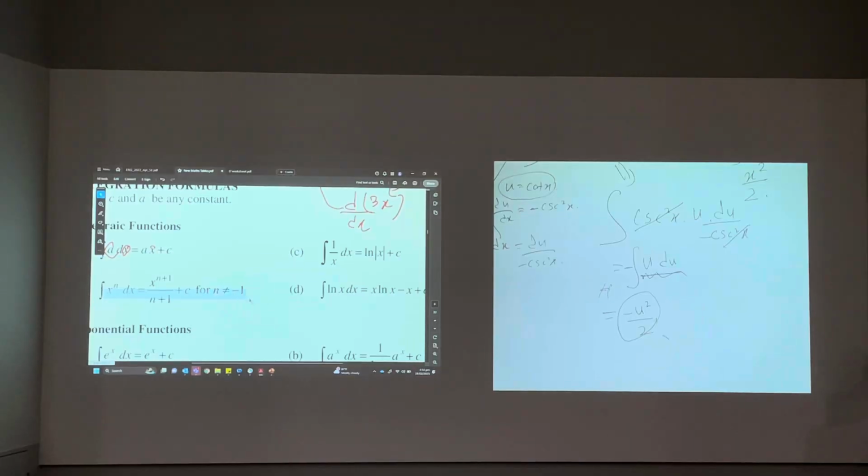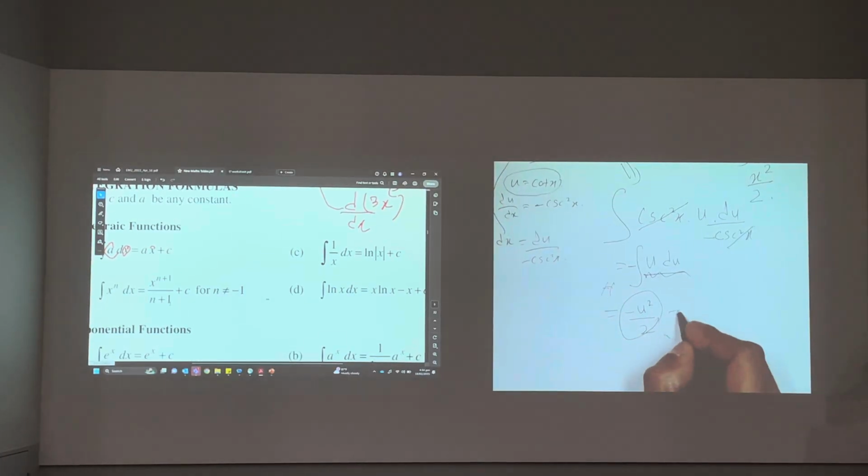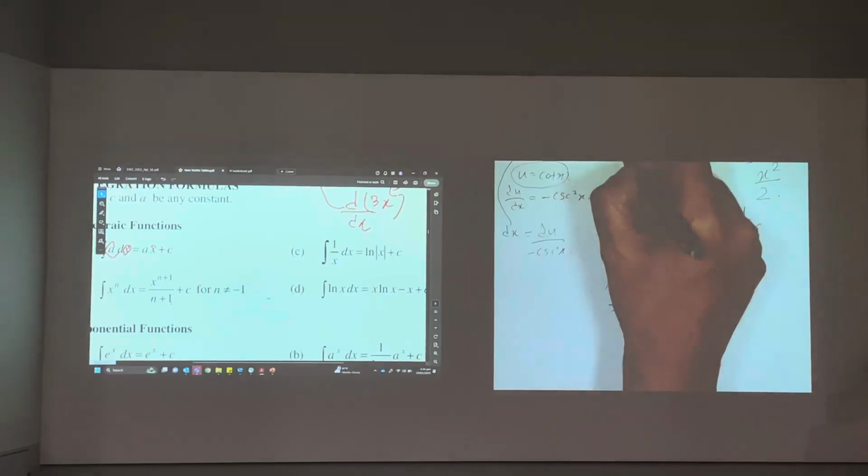So u square will be, then we can replace this u with cot x, right?